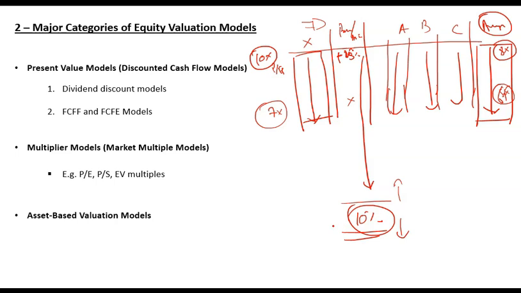Once I have decided a premium for X, let's say 10%, I will apply this premium to the current industry average PE, which is 8, and I will find out that 8.8 times is the right multiple for company X. And then maybe I can evaluate using that.